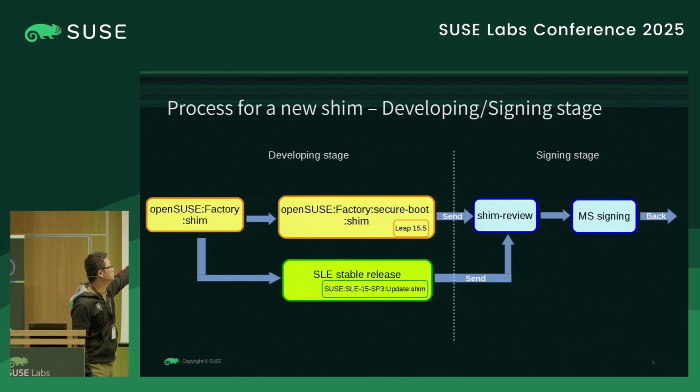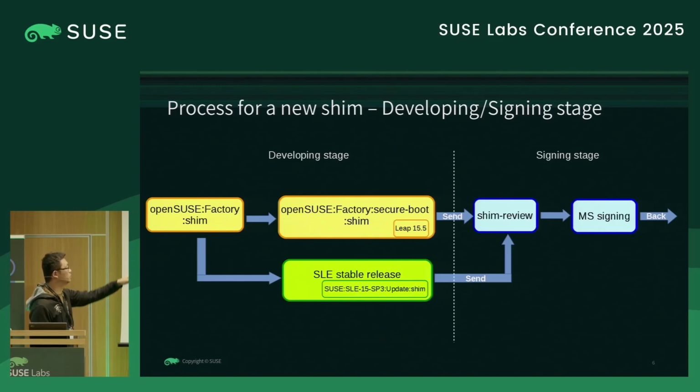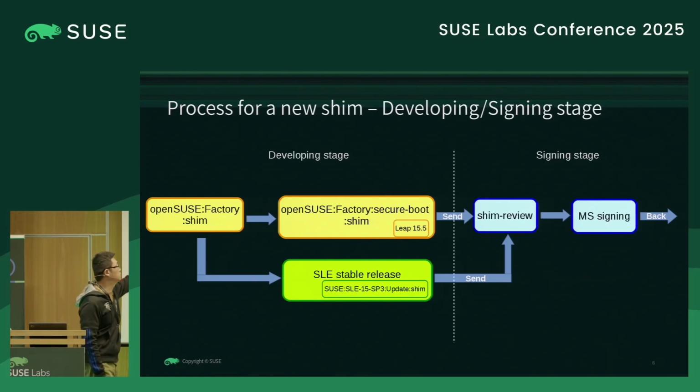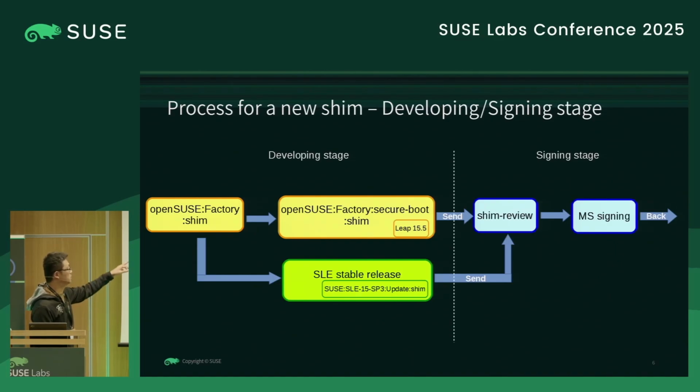Because we need to send one stable binary for the shim-review project, it's impossible to use the factory because the toolchain sometimes changes. So we copy the Shim source code to just one sub-project, the name is secure-boot. Currently the code base is Leap 15.5, and it can build out one stable Shim binary.